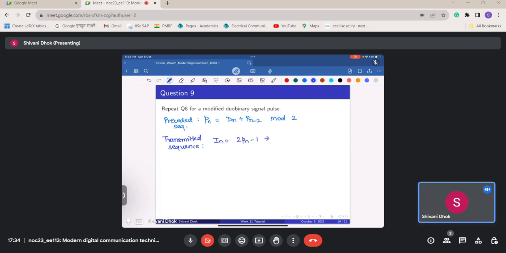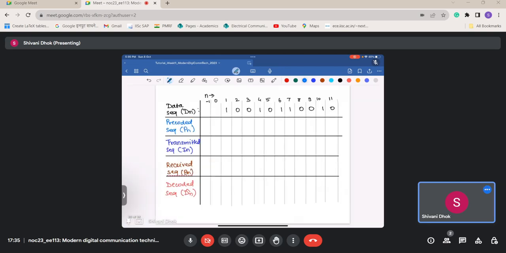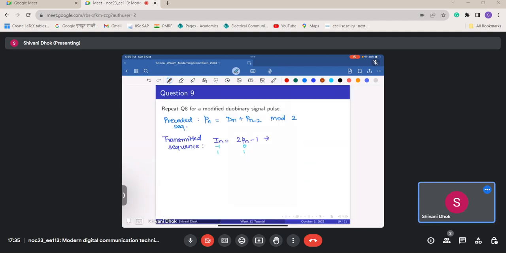If Pn is 0, then your In will be -1, and if your Pn is 1, then your In will be 1. This we had seen in our previous discussion for duobinary. The same thing is used in modified duobinary also.